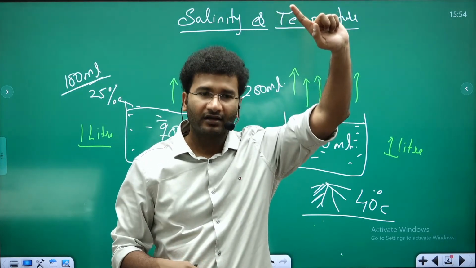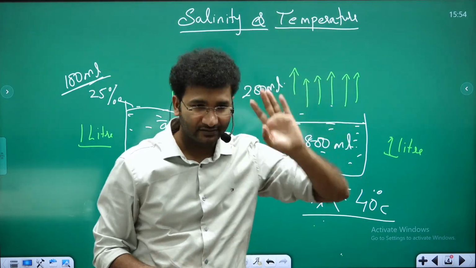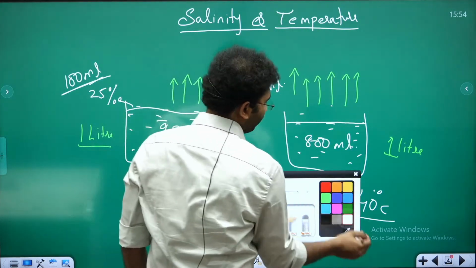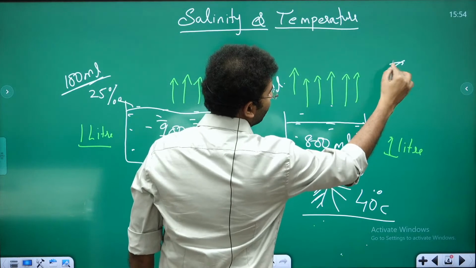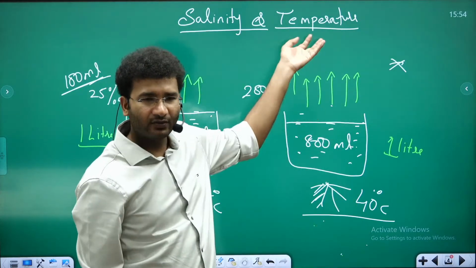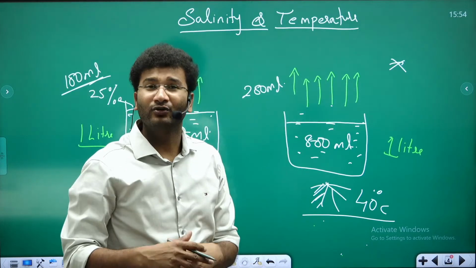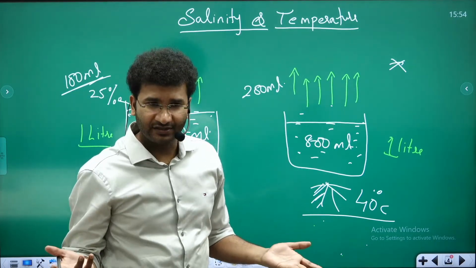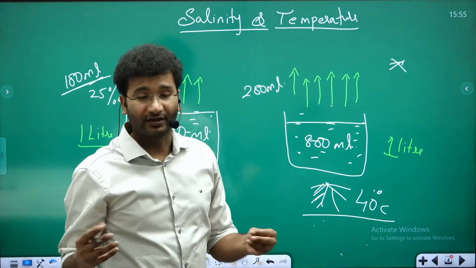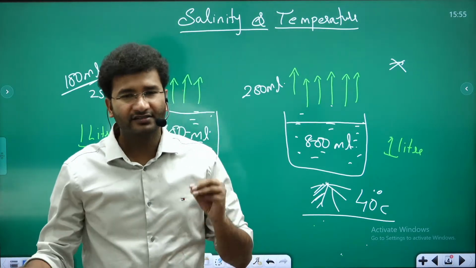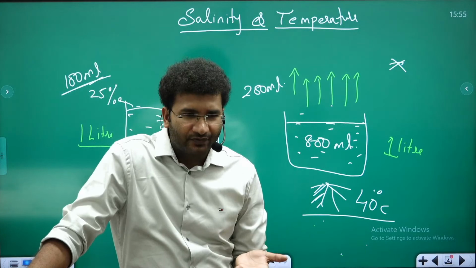And then if there are no winds present, see, imagine if there are no winds present here, that evaporated water will again fall in the form of rainfall. But ideally there are no such seas, there is wind, absence of wind.